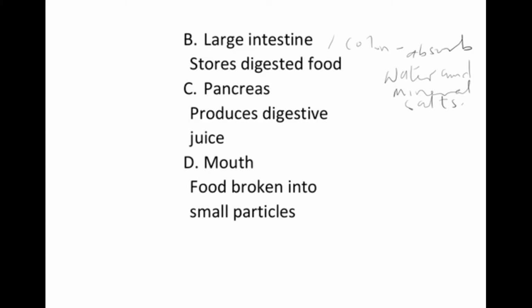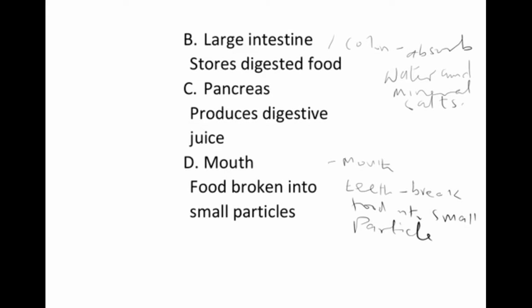The pancreas usually produces pancreatic juice that helps in regulating the amount of sugar in the body. Then lastly we have the mouth, and in the mouth we have teeth, and their work is to break food into small particles that can be swallowed.